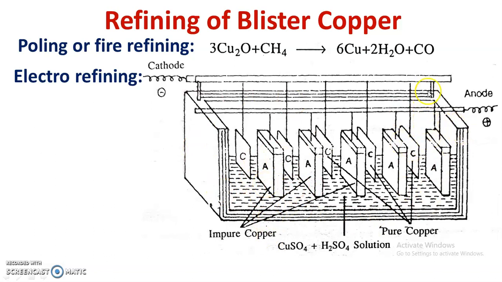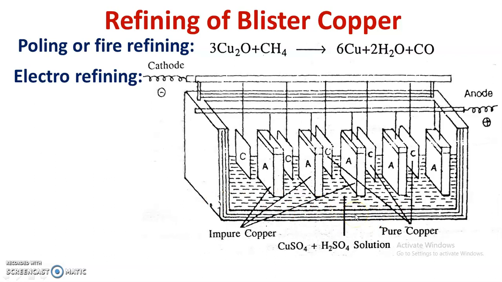Here pure copper plates are taken as cathodes, and impure copper, that is blister copper, is used as anodes, and a mixture of copper sulfate solution and sulfuric acid is used as electrolyte. Normally 3% copper sulfate and 15% sulfuric acid is used as the electrolyte.